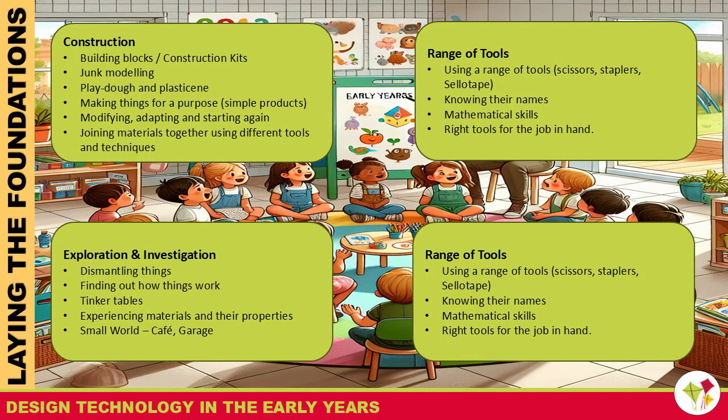Through using a range of tools across a variety of activities, children will begin to develop their mathematical skills in measurement, counting, calculating and their awareness of size and shape. Eventually, they will combine these skills to begin to develop an awareness of choosing the right tool for the right job in hand.